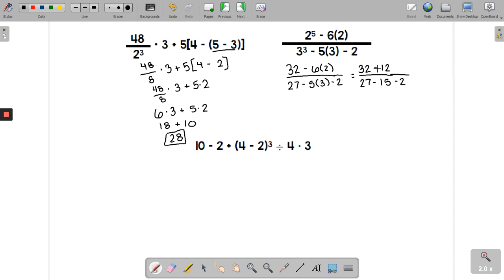So 32 minus 12 is 20. And then we just have subtraction. So we can do 27 minus 15, and that gives us 12, and then subtract 2 more, and that is 10. And then we simplify. 20 divided by 10 is 2.